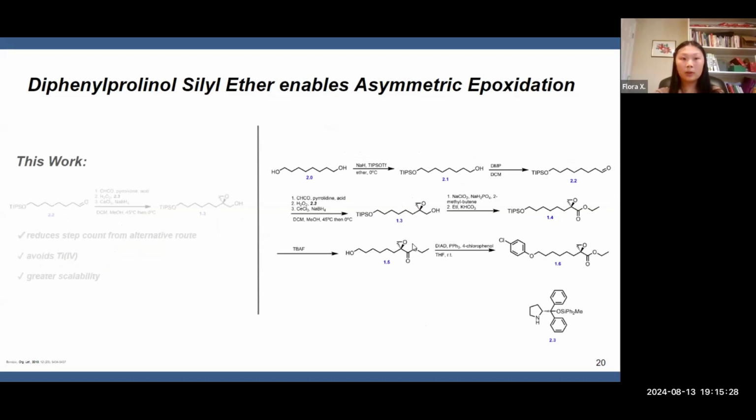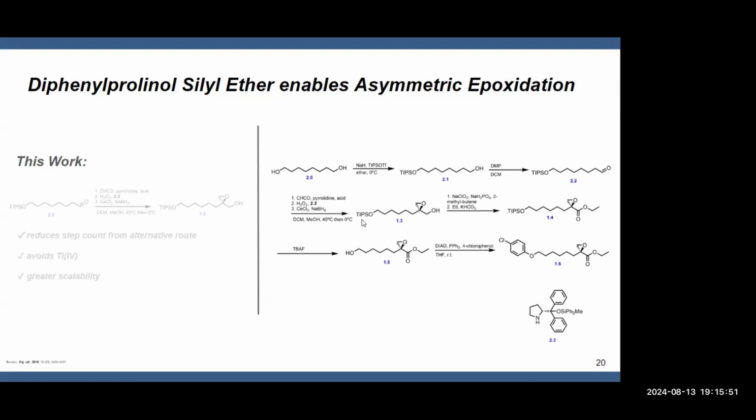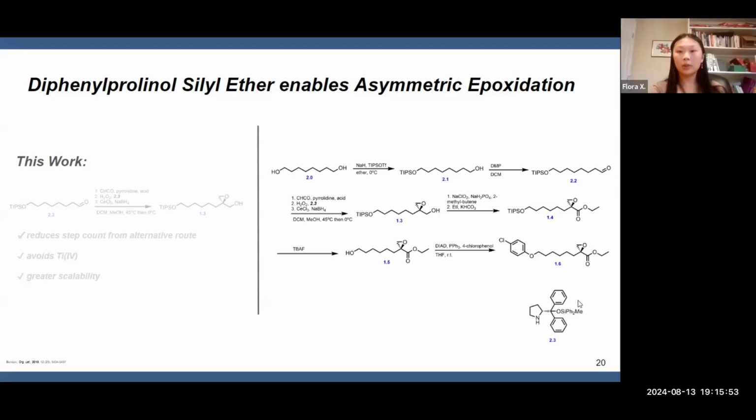Another way we came up with was using a prolinol-type epoxidation catalyst, where we take our previous one pot and add in hydrogen peroxide and our catalyst 2.3 to form the epoxide over one step in one pot.